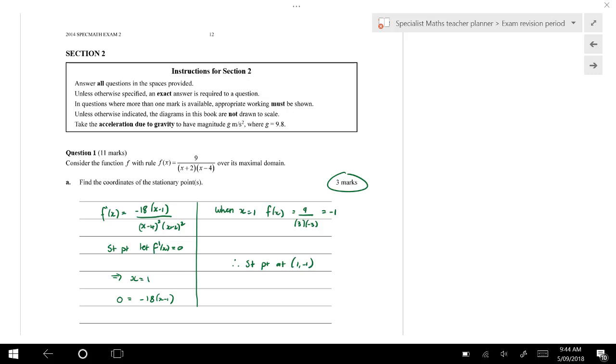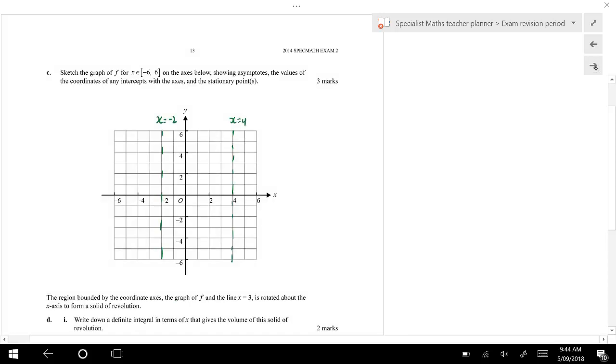You could draw that. Don't forget the 9 though. And then what we could do is find the minimum. As it turns out, we've got a minimum at 1, negative 1, then you've got to consider that 1 over that is going to be a maximum at minus 9/8.